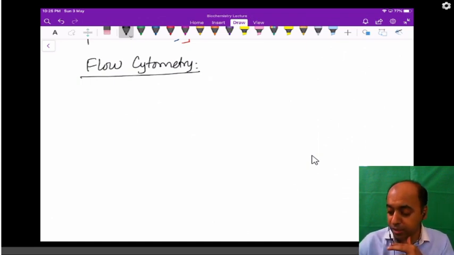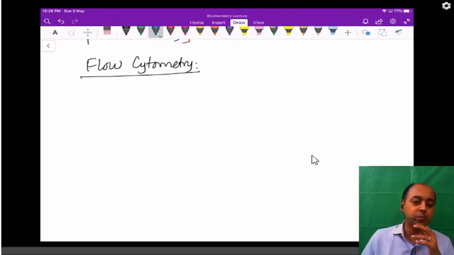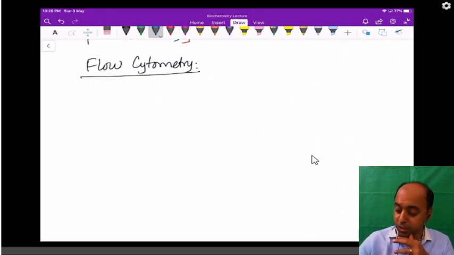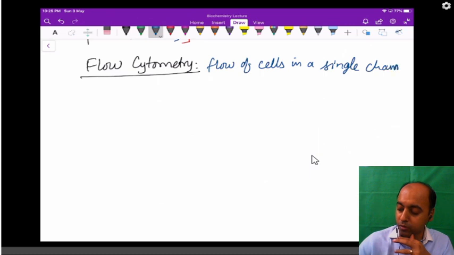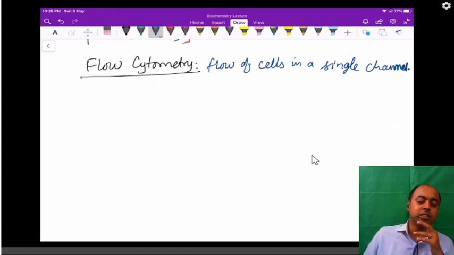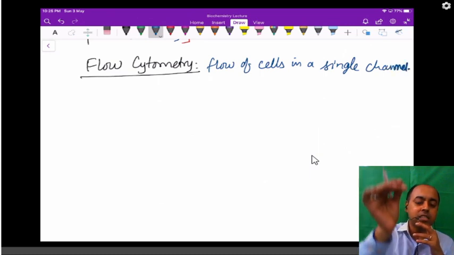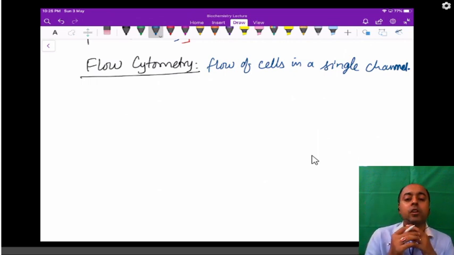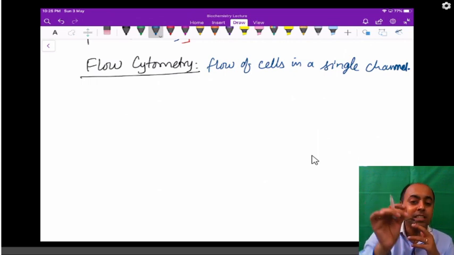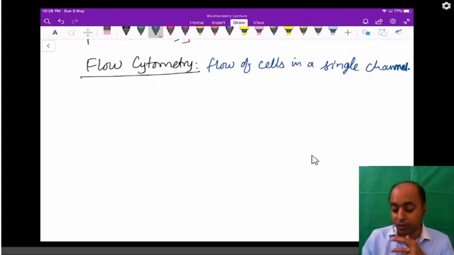The flow cytometry has a very simple principle. It is based on flow of cells in a single channel. So what we do, we label the cells and then we pass them through a channel where one cell can go at a particular time.